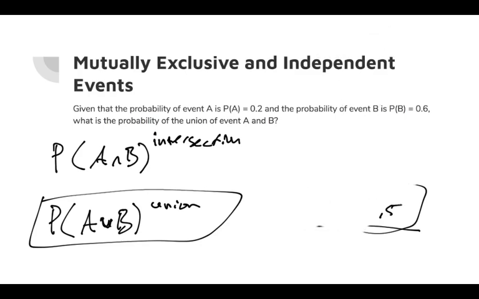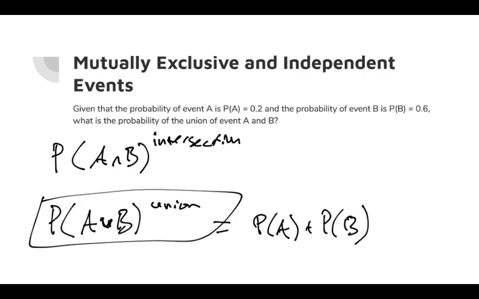And so the way that we calculate that, you may have seen this equation: the union is just the probability of the things in A plus the probability of the things in B, minus the probability of the things that are in the intersection.